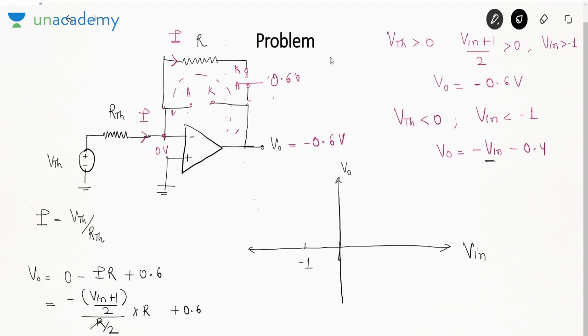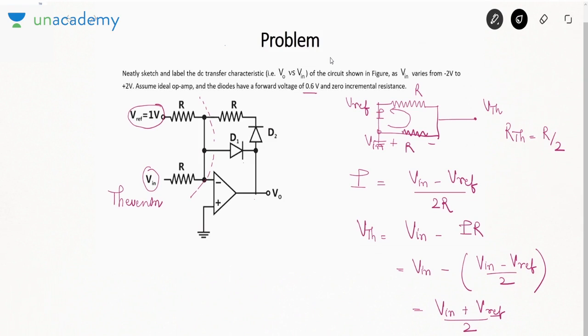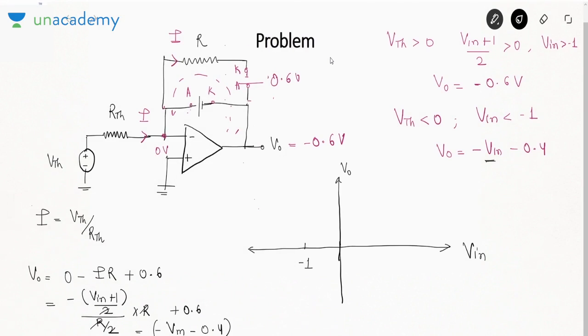So this will get cancelled, 2 will get cancelled. So minus Vin minus 0.4. Okay. And when this diode was forward bias, this diode orientation is like this only, na? When this was forward bias, the output will be 0 minus 0.6.